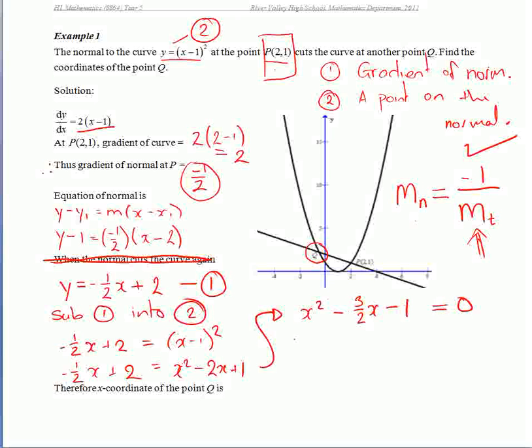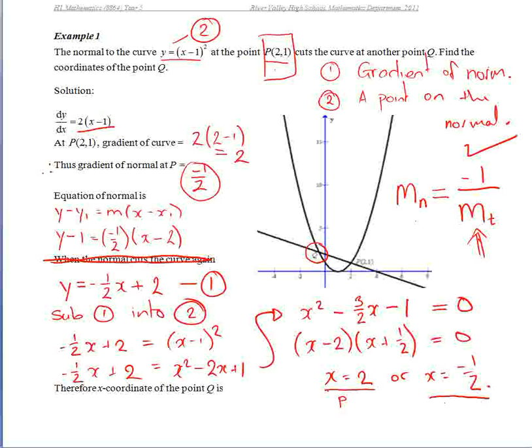If you factorize this or use your GC, you find this is (x take 2)(x plus 1/2) equals 0. So x equals 2 or x equals -1/2. So we already know this one here, x equals 2, is the x-coordinate for the point P. So that means this one must be the x-coordinate for the point Q.